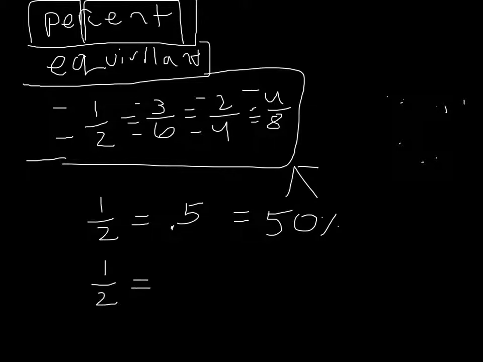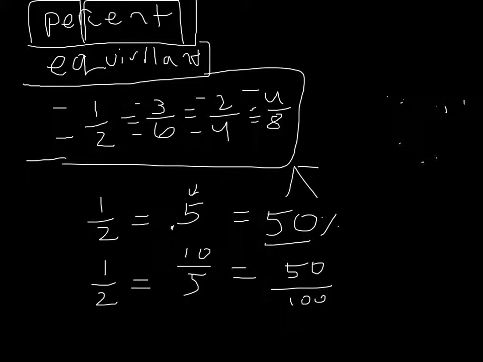So 1/2 equals 0.5, which is 5 out of 10, because there is 5/10, as you can see here in the tenths place. And then equals 50 out of 100, because as we discussed before, percent means the amount out of 100, and since there is 50, it's 50 out of 100.